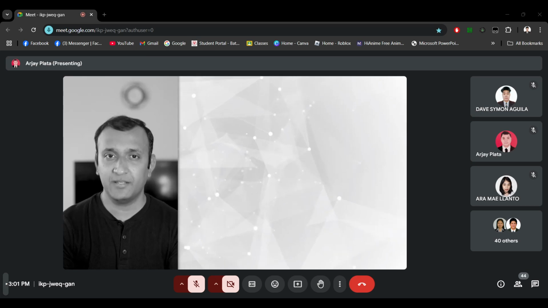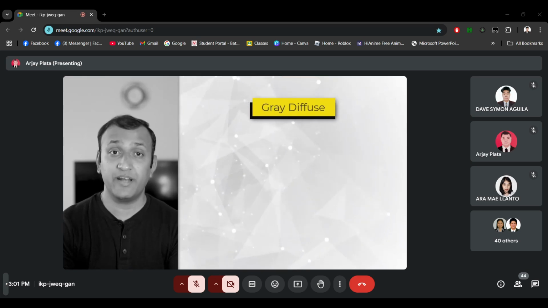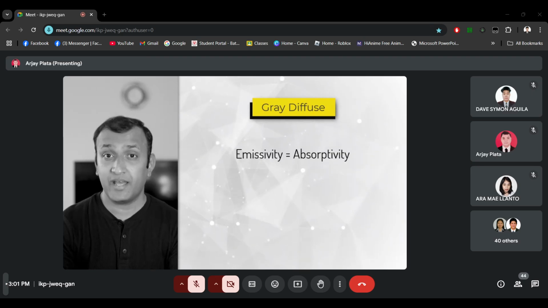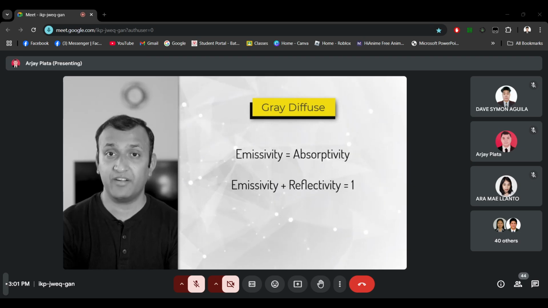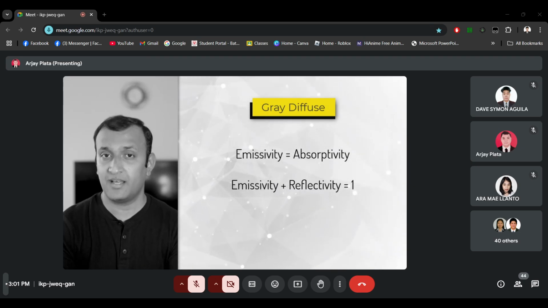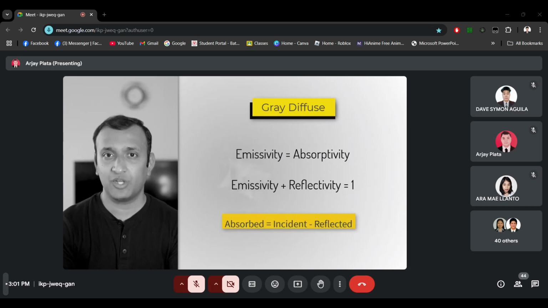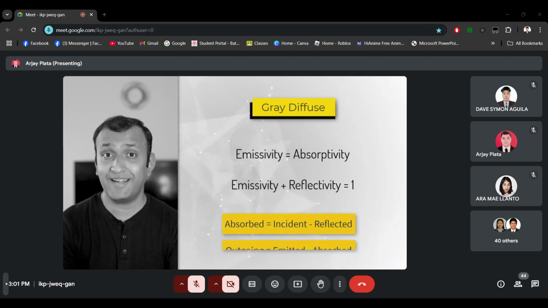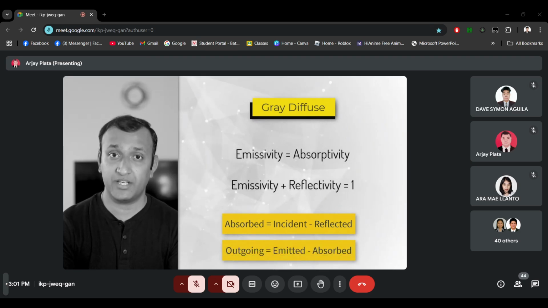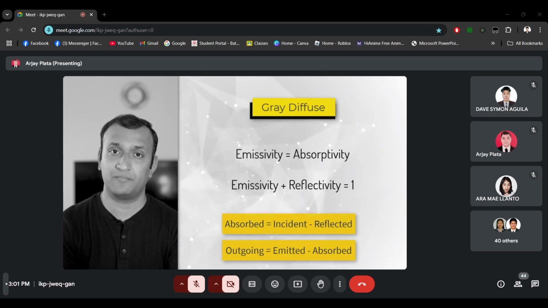In ANSYS Mechanical, we assume the surfaces to be gray diffuse, meaning emissivity is equal to absorptivity and emissivity plus reflectivity is equal to 1. In other words, the energy absorbed is equal to energy incident minus the energy reflected, and the net outgoing energy is equal to energy emitted minus energy absorbed.